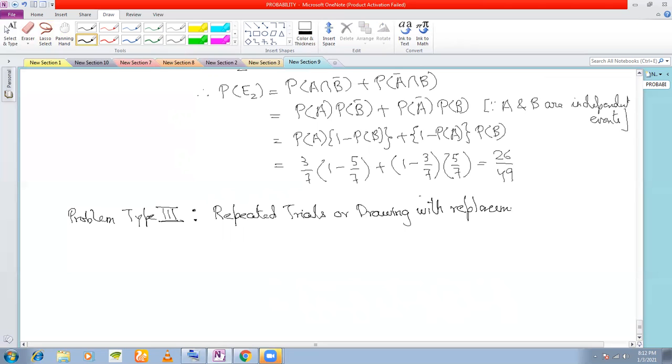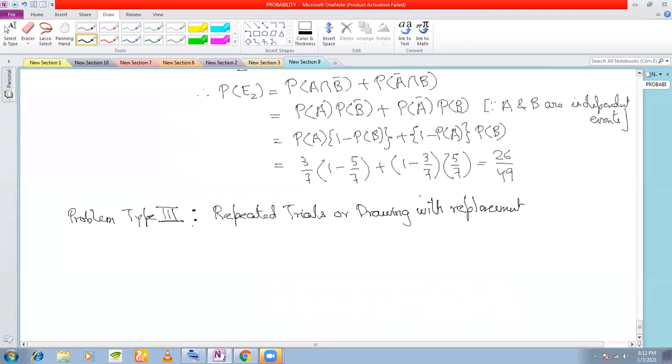Suppose a bag contains few balls, right? And I'm drawing one ball, and then I'm drawing the next ball, but before drawing the next ball, I put back the first ball and then I draw the next ball. Understood? That is what is called drawing with replacement. There is another called drawing without replacement.